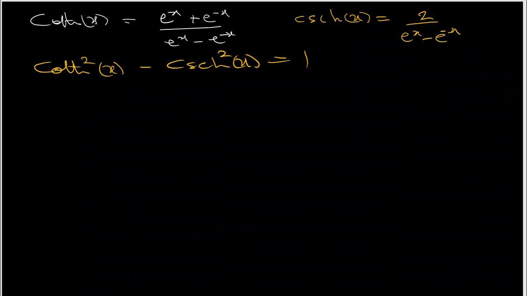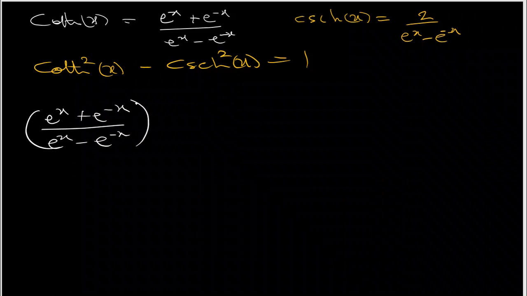So we are going to have e power x plus e power minus x all over e power x minus e power negative x all squared, minus 2 over e power x minus e power negative x all squared.